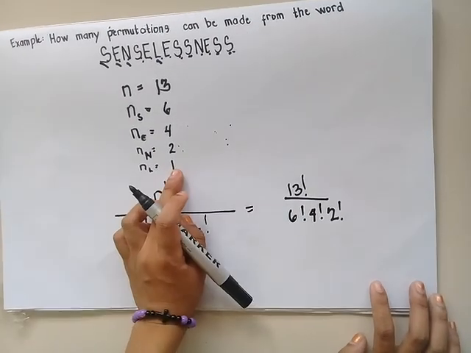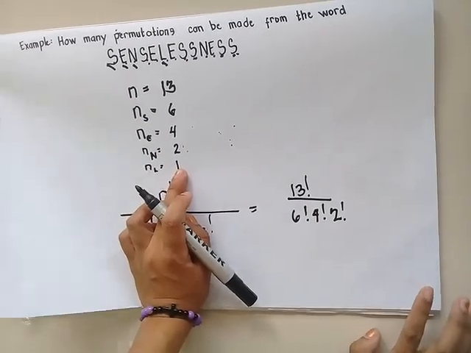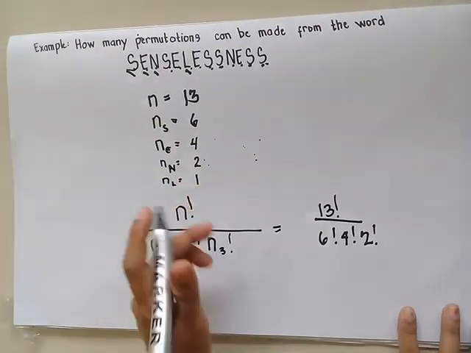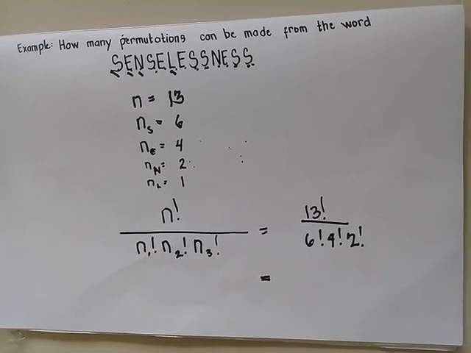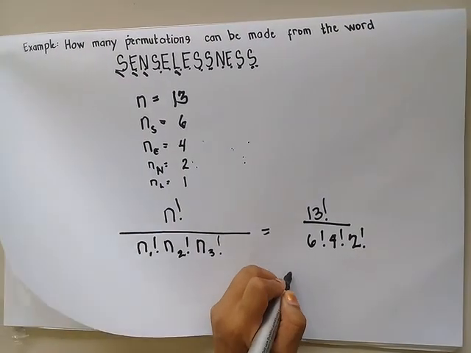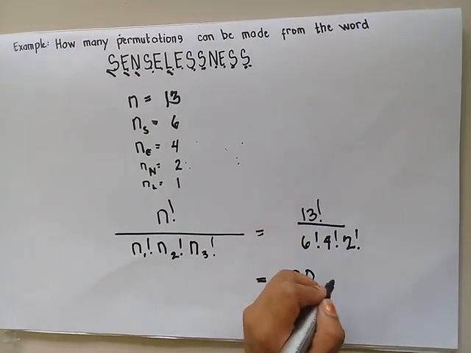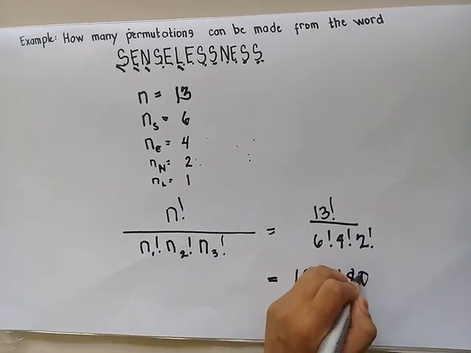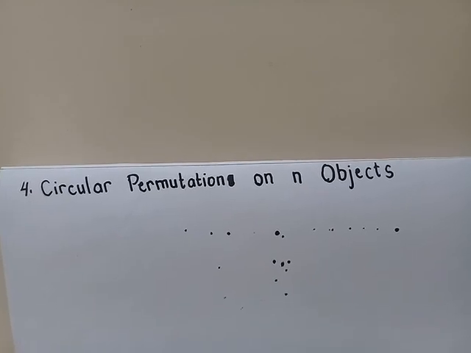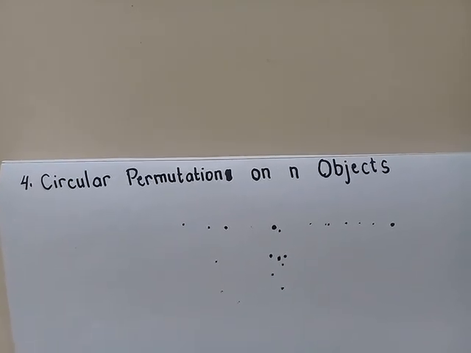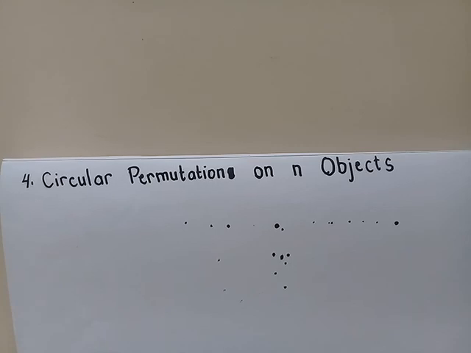No need to put 1 factorial because 1 factorial will not give a different answer. So to calculate this, the arrangement will be 180,180 arrangements.